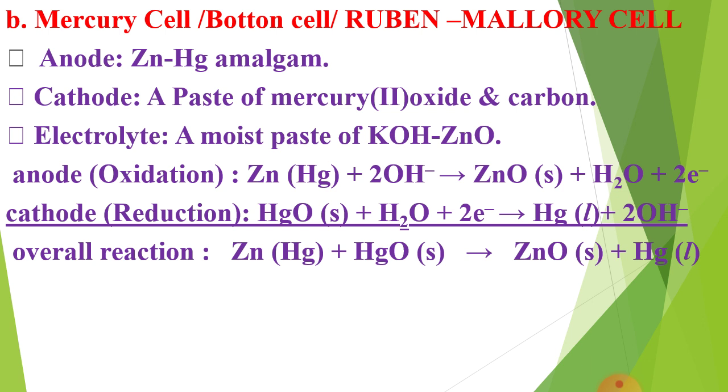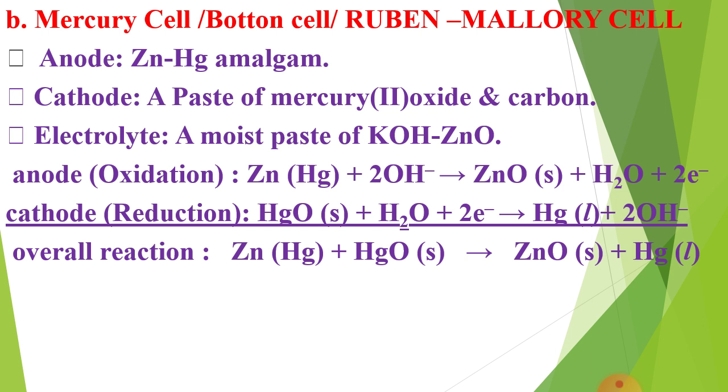Now at anode, oxidation takes place: Zn(Hg) plus 2OH- gives ZnO plus water plus 2 electrons. At cathode, reduction occurs: HgO plus water plus 2 electrons gives Hg plus 2OH-. Here OH- cancels.